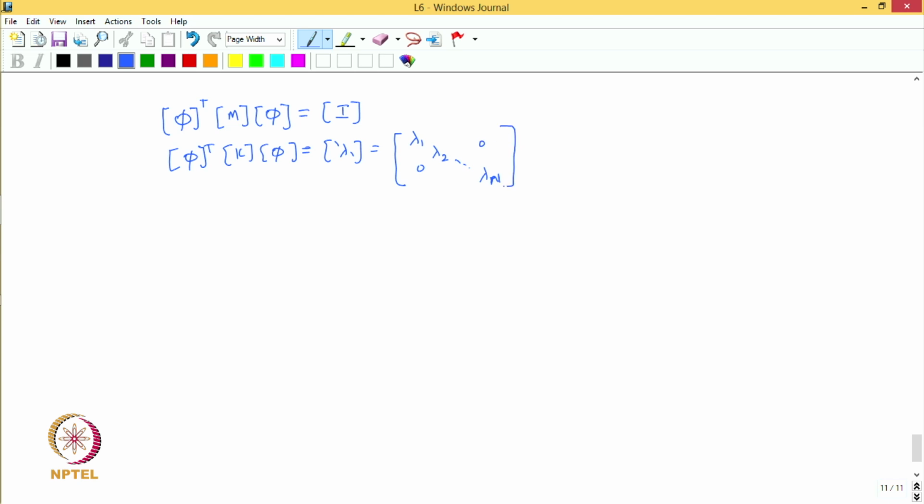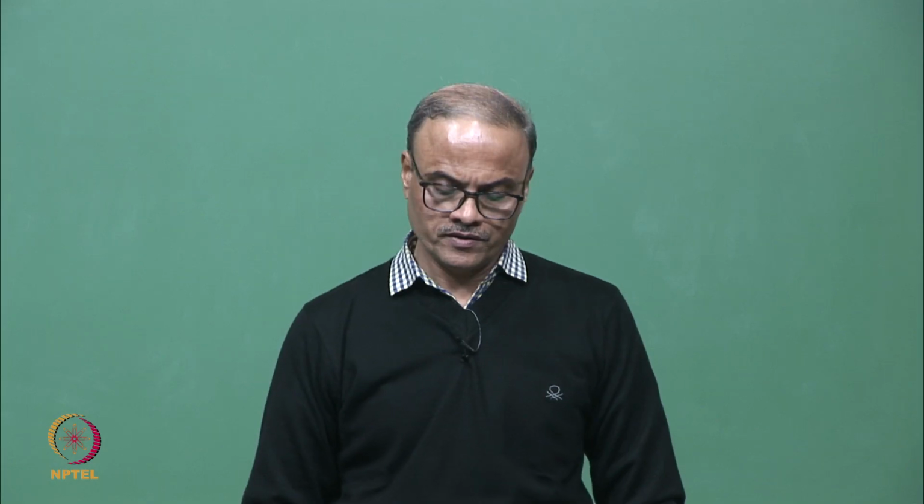So, that is nothing but the eigenvalue matrix. These are the results based on the mass normalized eigenvectors.